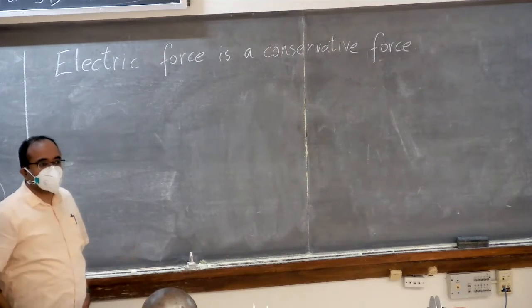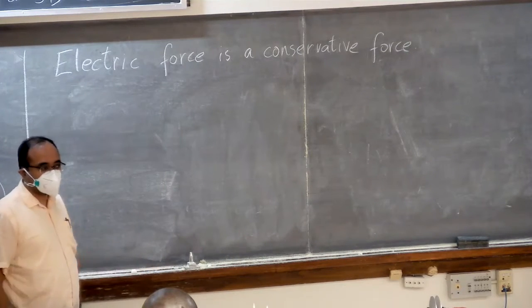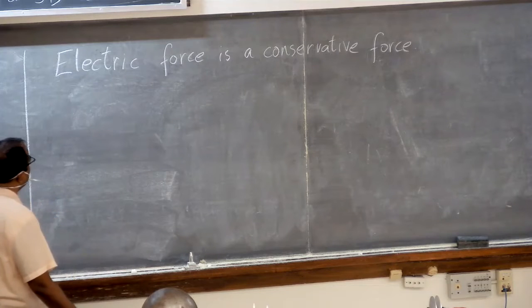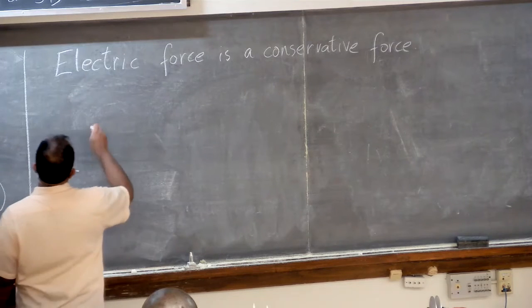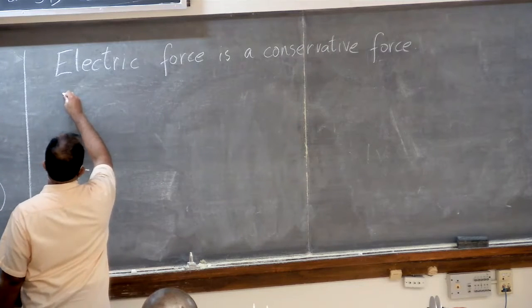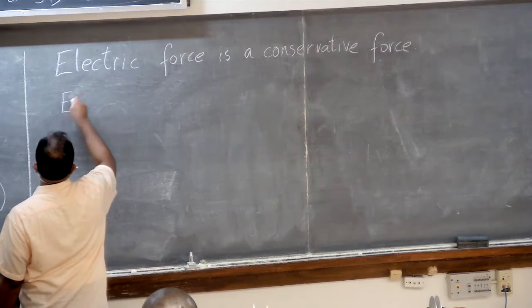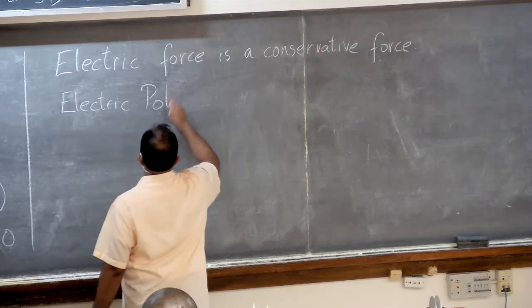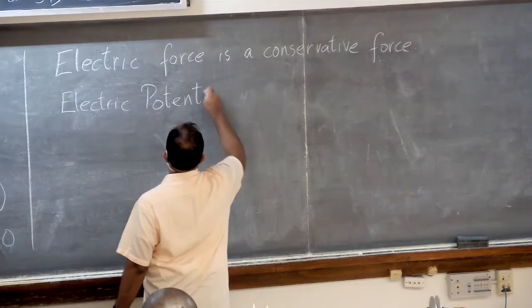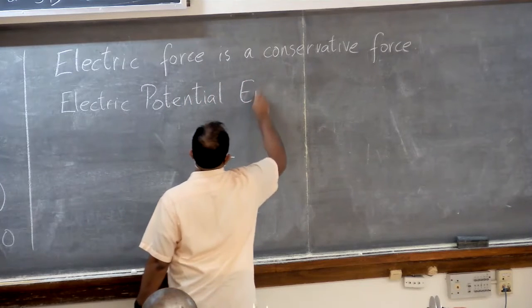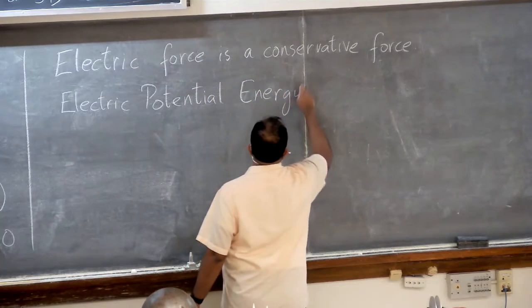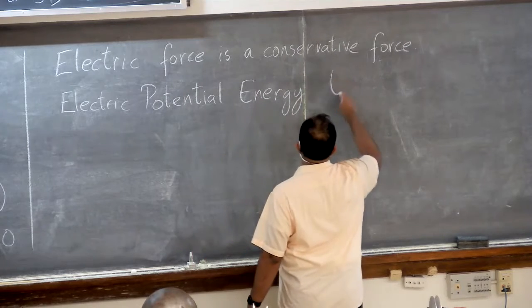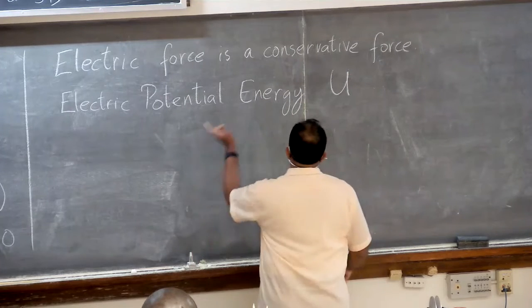And energy is a scalar quantity, which makes it very easy to handle compared to vectors. So we start with the idea of electric potential energy, and we typically use the symbol U for this.